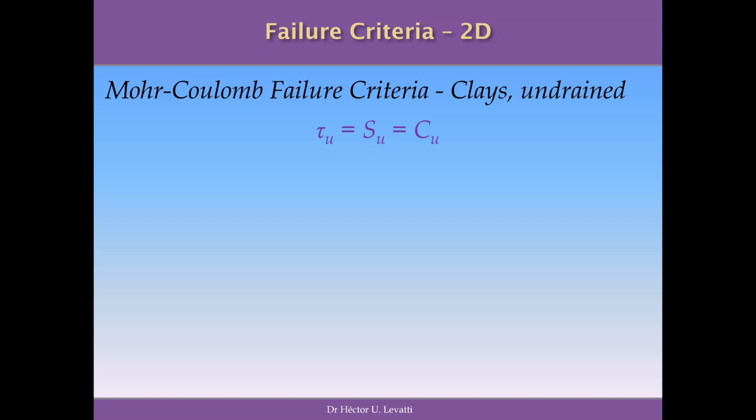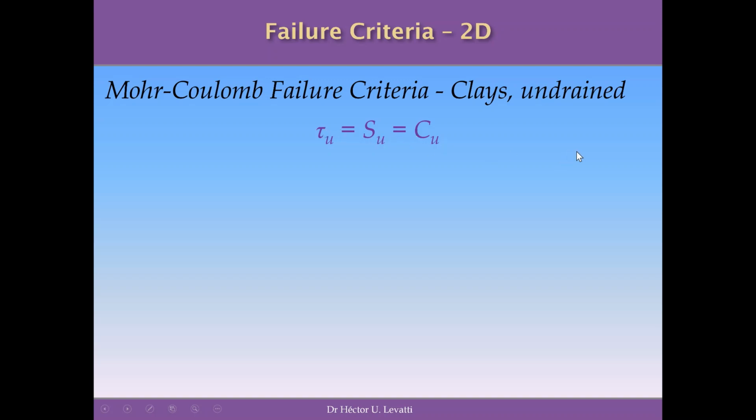What happens now if we have a problem where we have only clay and we don't have any sand involved? We have a case where we have a clay in undrained conditions, because the clay, when it's wet and saturated, is almost impervious. So our equation of our failure criteria, our Mohr-Coulomb failure criteria, is just tau_u equal to s_u. I'm using this subindex u just to represent that these are the ultimate values.